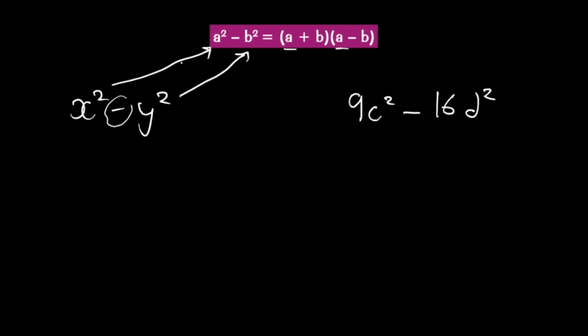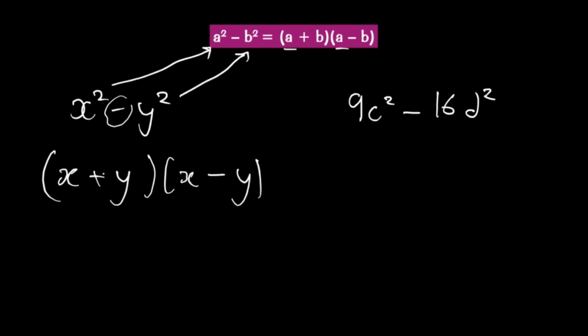So the square root of x squared is x. So you put the x in the correct position, and don't forget the signs. And then you look at b squared, and in this case y squared is b squared, so the square root of y squared, you would put that in this position. So this would be your factorized form.